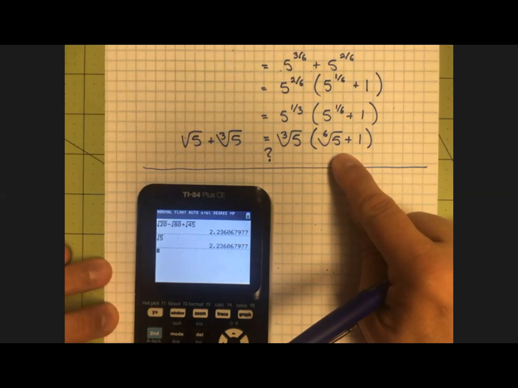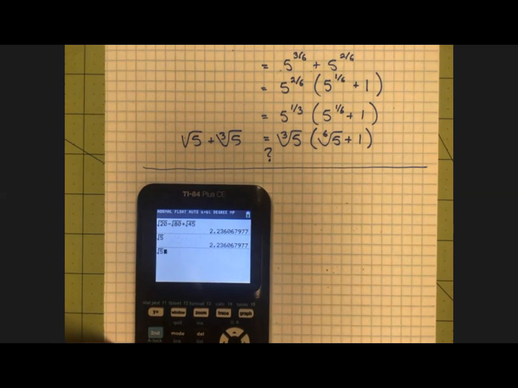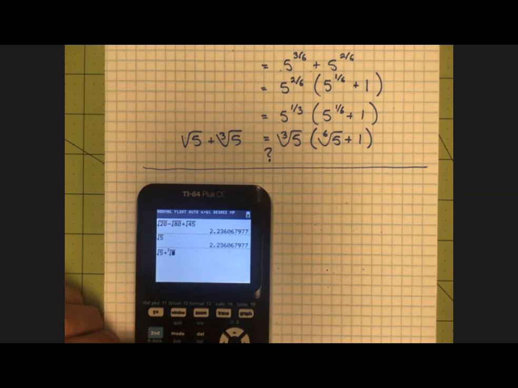This doesn't look useful at all, but it is just a question of, is it true or false? Let's find out. So square root of 5, and then I'll explain why you can't do what you just said, plus the cube root of 5.